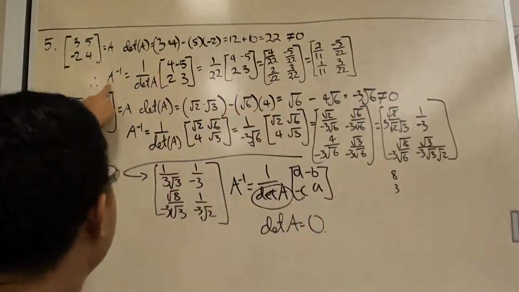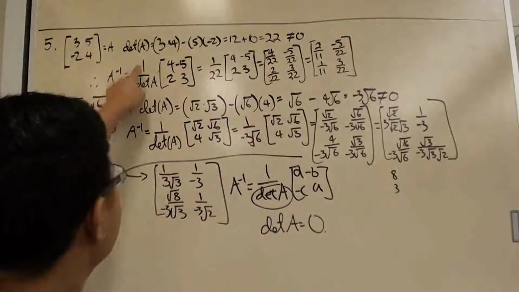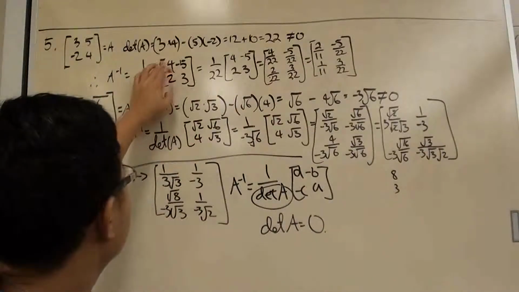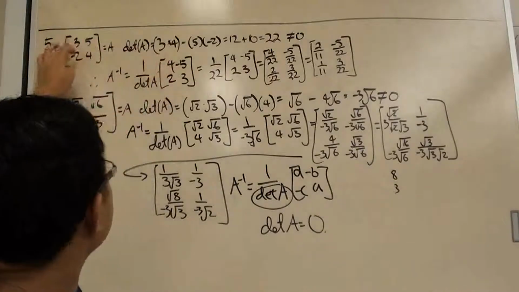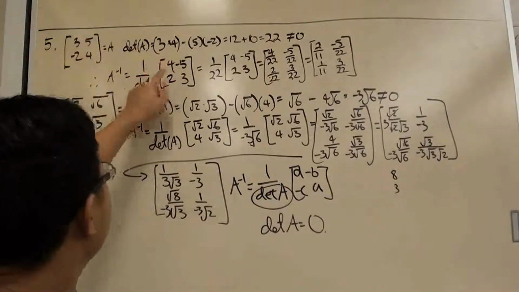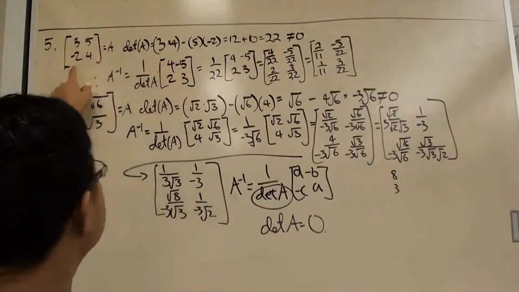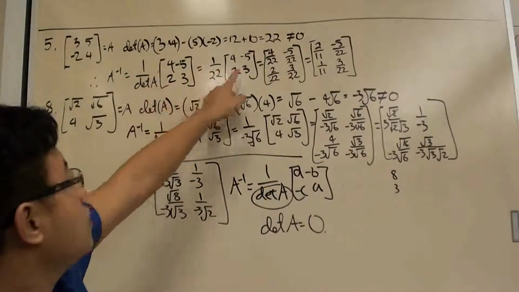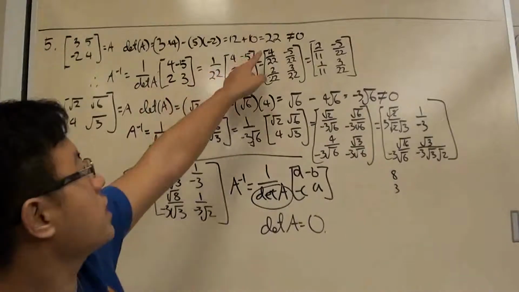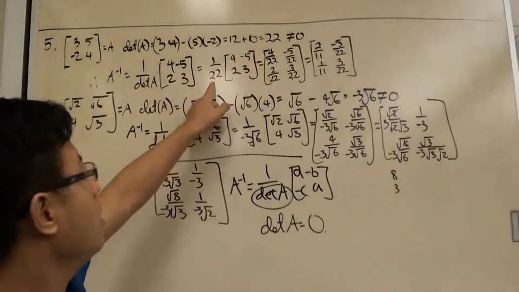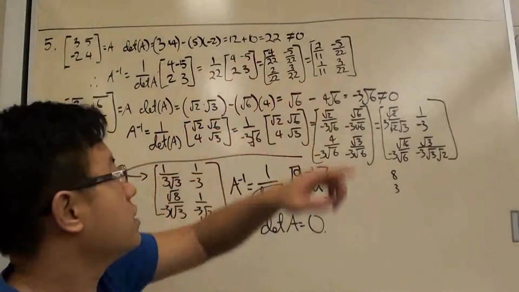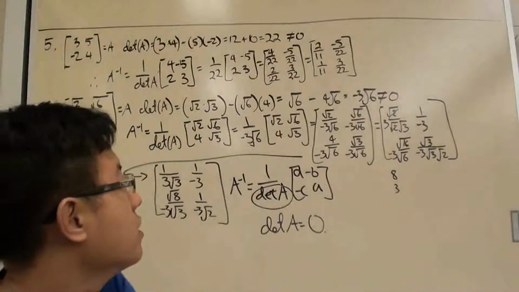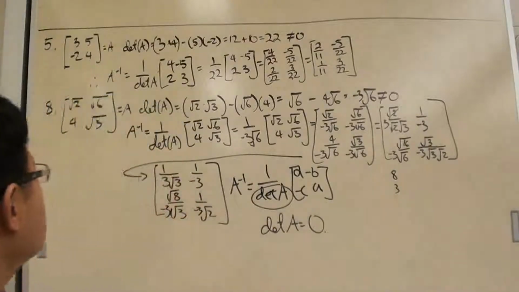A inverse is going to be 1 over the determinant of A. I think I already switched, right? So A and D, 3 and 4, switched, and then for 5 and negative 2, the signs are flipped. And then it's going to be 1 over 22, because the determinant was 22. So multiply them together, and then you have this nice fraction of entries in the matrix. Anyways, that's the answer.